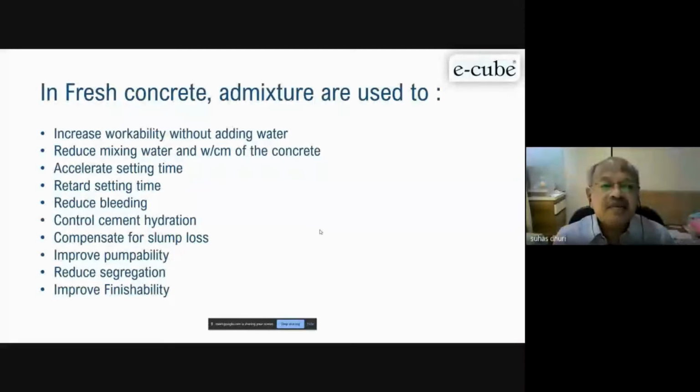Retard the setting time. The setting time of concrete can be retarded. Normal concrete has an initial setting time of around 3 to 4 hours, or 3 to 5 hours. Now don't confuse the setting time of cement with the setting time of concrete. They are totally different phases.